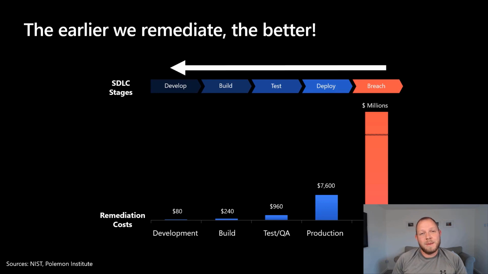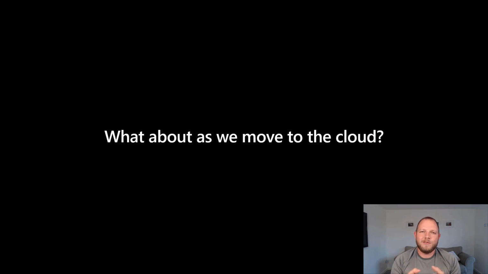So I want to focus a little bit more on the right-hand side of the software development lifecycle as opposed to the pushing left aspect that we may have heard earlier. The question I really want to ask is, what about as we move to the cloud? What tools and capabilities do we have at our disposal to enable us to perform DevSecOps and embody that security mindset across our entire software development lifecycle?